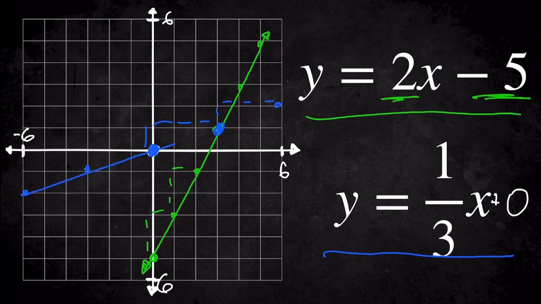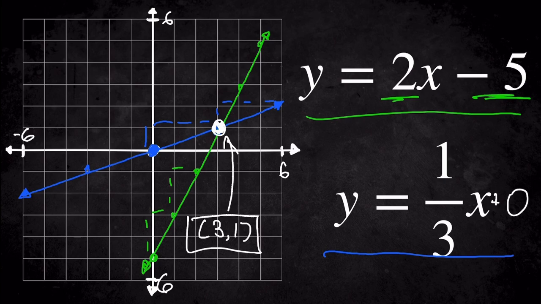Then we draw the line. So the solution of this system of linear equations is right here, and this point is (3, 1). And that is the solution for this system.